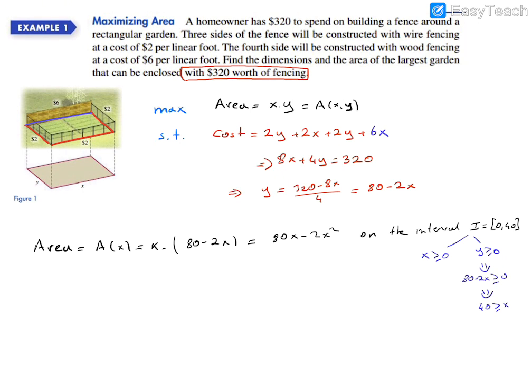And if x is 40, y is 0. So 8 times x is again 320. You can verify the cost from earlier. So our aim is to maximize the area on the given interval. Let's emphasize, this is our aim: to maximize.